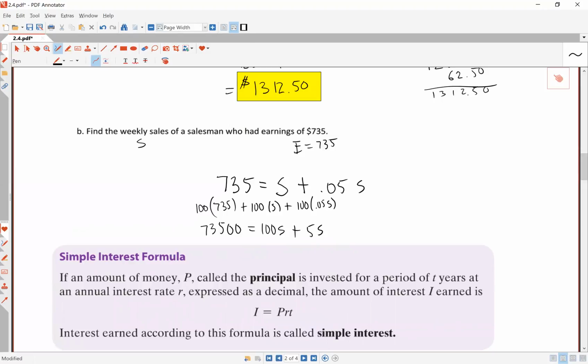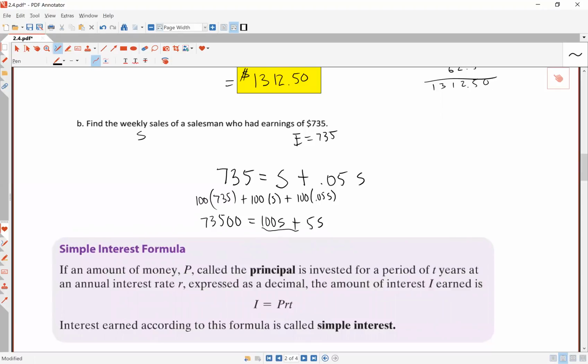The right-hand side is 105S, equals 73,500. 105 times S is 73,500.